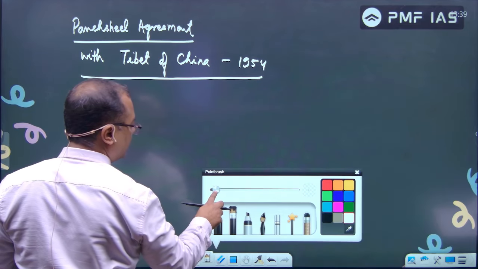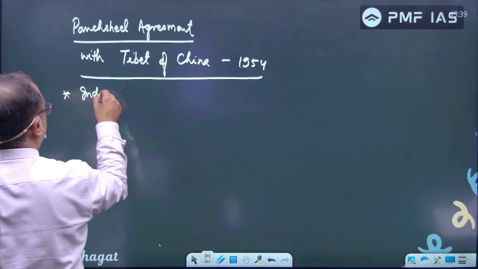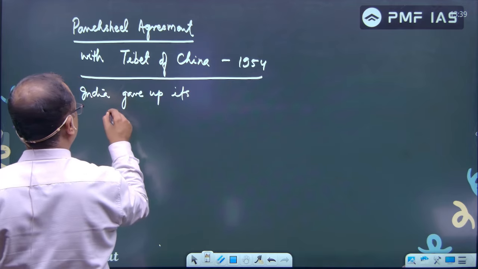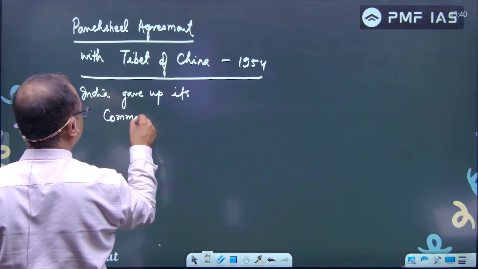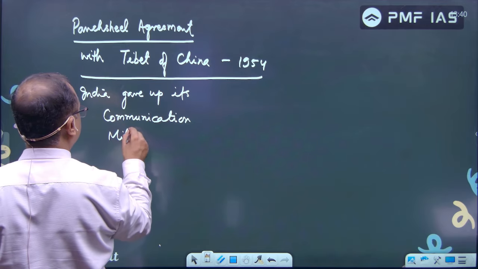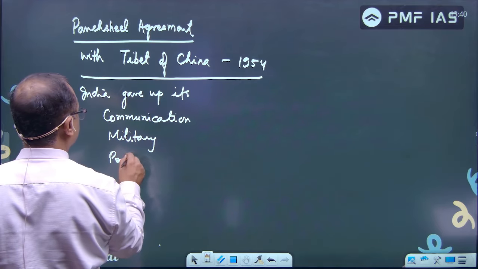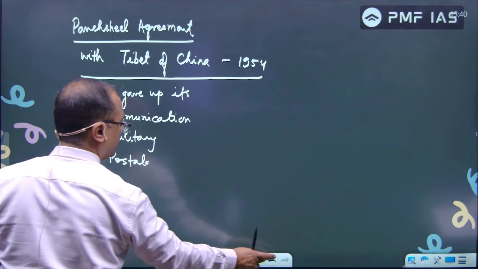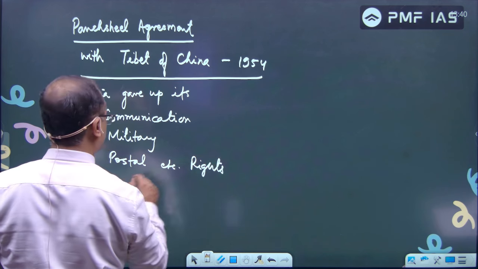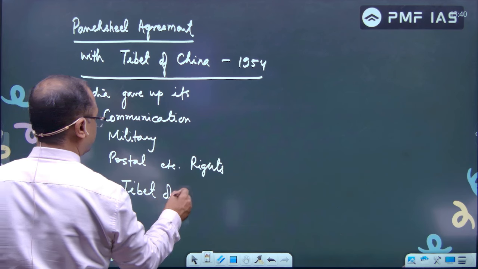Now what happened? Nehru renounced India's rights. India gave up its communication, military, postal, etc. rights over Tibet of China.